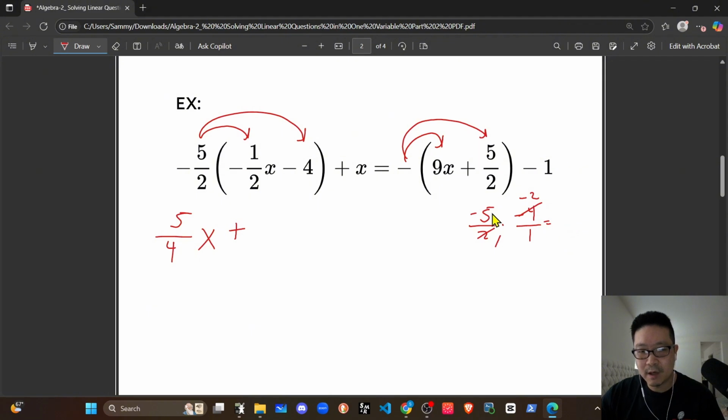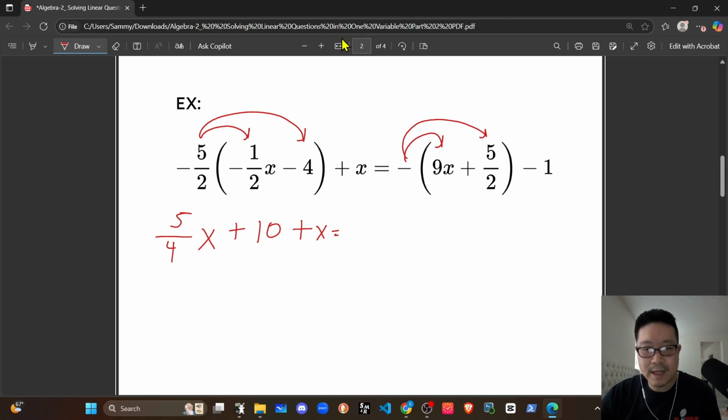So we get, here we have negative 5 times negative 2, which is a positive 10. Okay, and then plus x equals, okay, on the right side, when we distribute the negative, we get negative 9x and negative 5 over 2. And don't forget your minus 1.